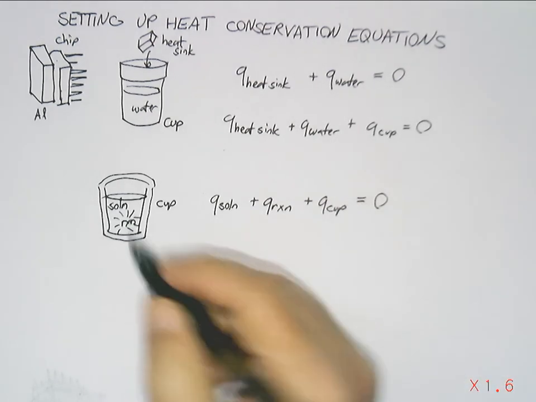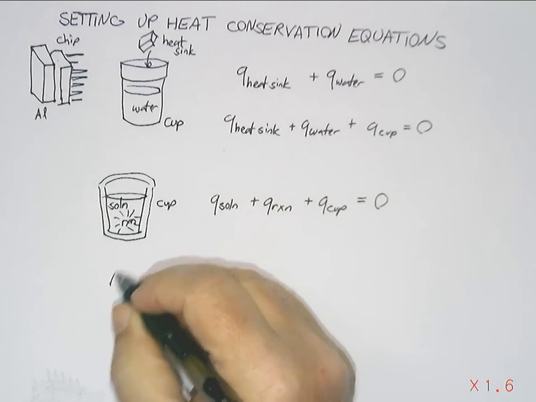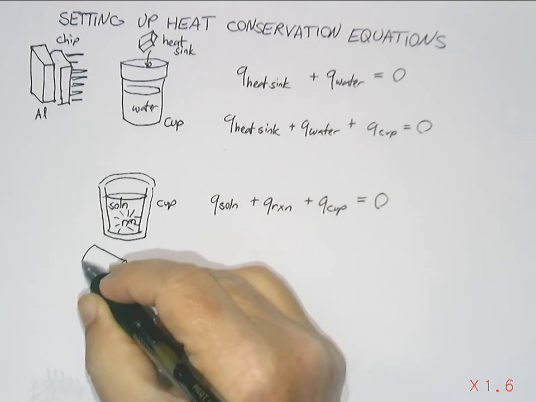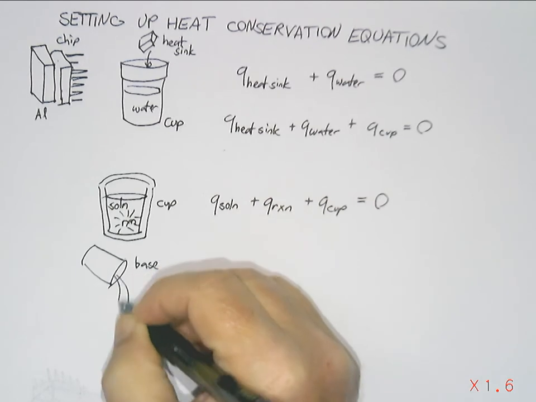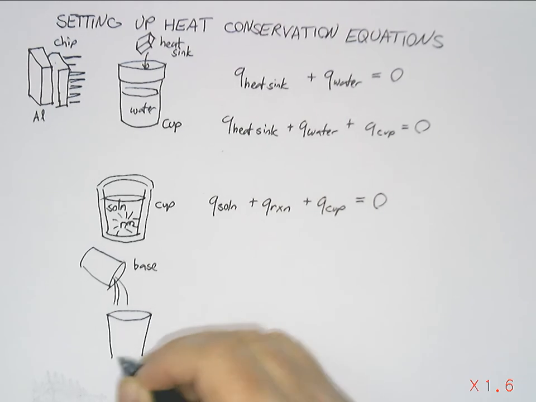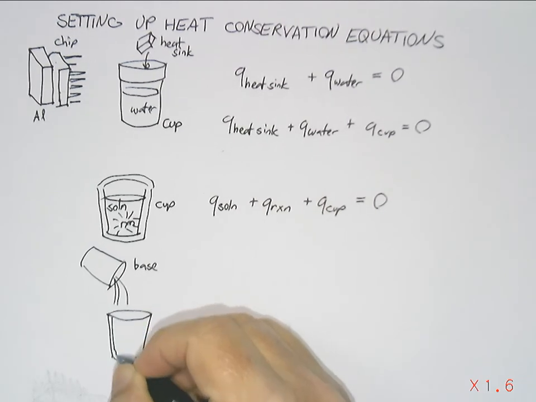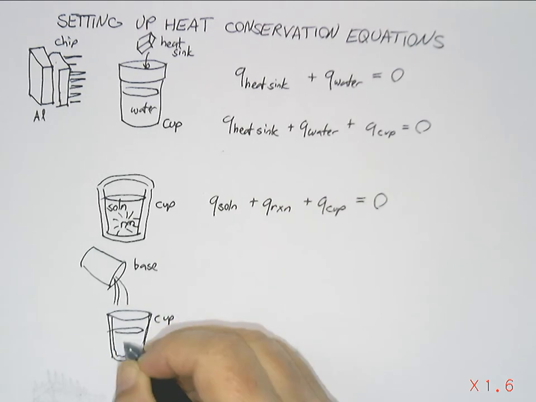Now, if I was naive about this, say I drew a picture that looked a little bit different. Suppose I had another cup up here and I had a base solution in here. And I'm dumping it into my cup where the reaction occurs. And I have my acid solution in here.